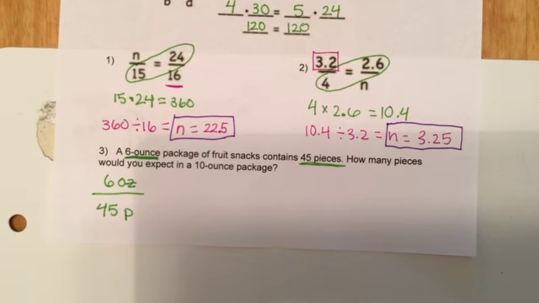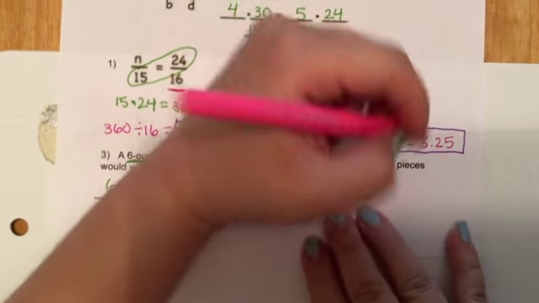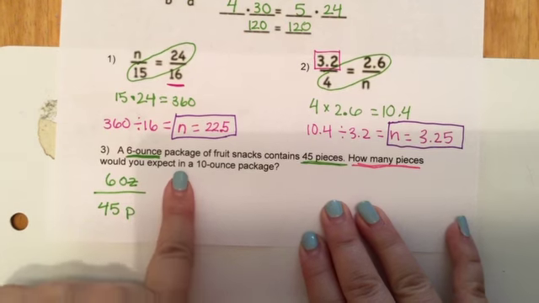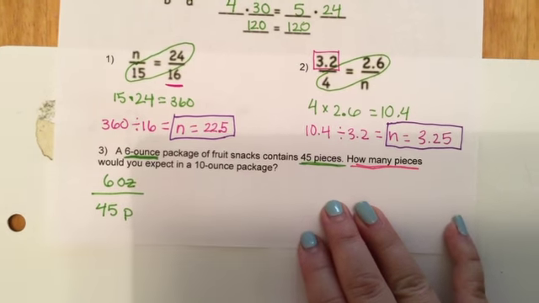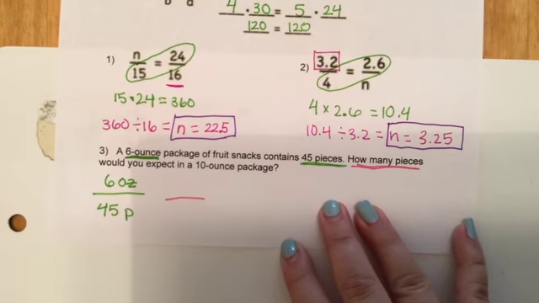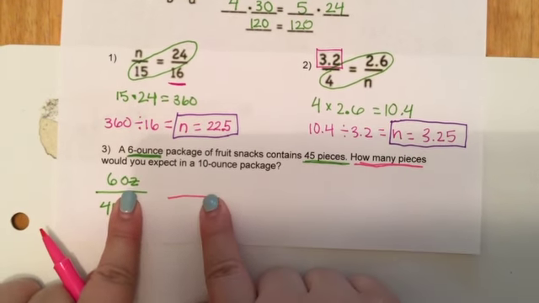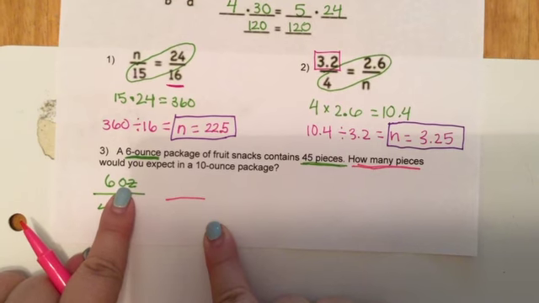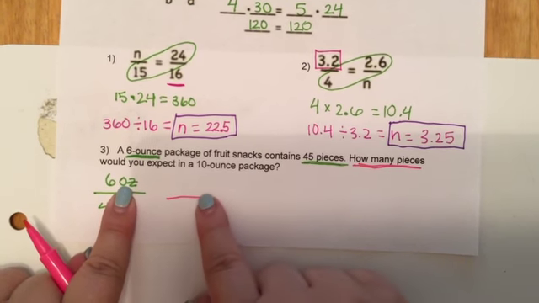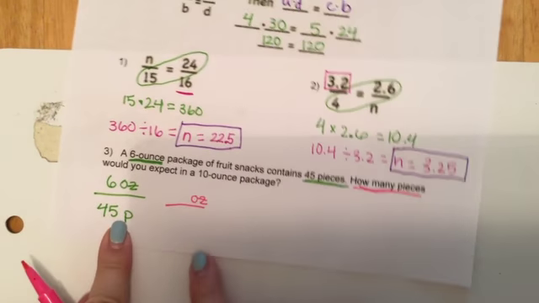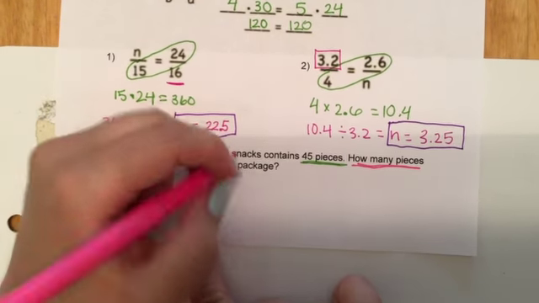Now we're trying to find how many pieces we could expect when we open a 10-ounce package, so we don't know how many pieces we have. Again, we're going to write this as a ratio. We're going to keep the units the same on the top and on the bottom. Since ounces is our unit on the top left side, on the top right side we're going to make ounces, and we're going to make pieces on the bottom.